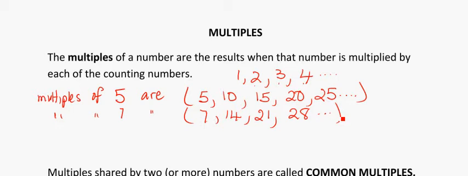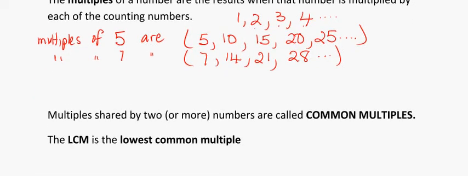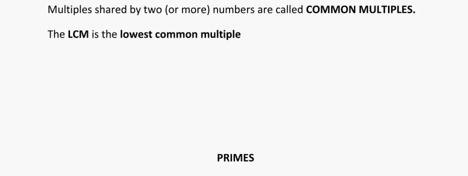Now, multiples shared by 2 or more numbers are called common multiples. So let's take 2 more numbers. Let's do the multiples of 4.